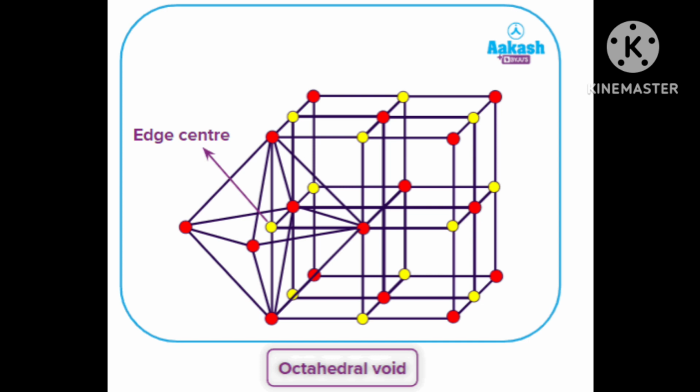The total number of octahedral voids is equal to 4, because each edge is surrounded by 4 cubes. Don't forget that.